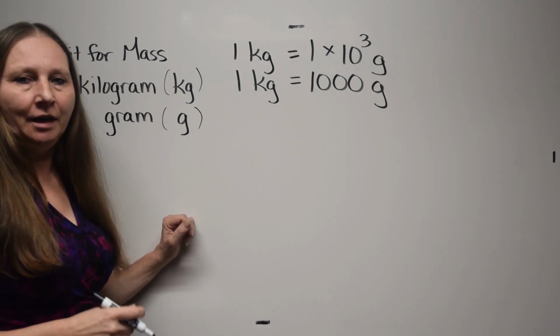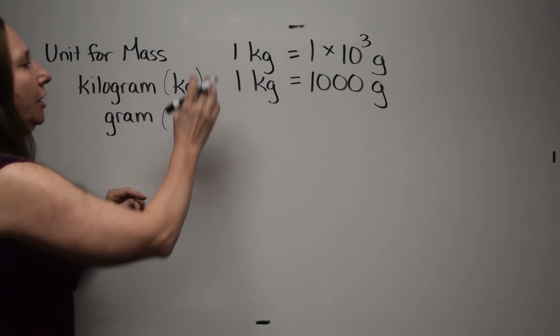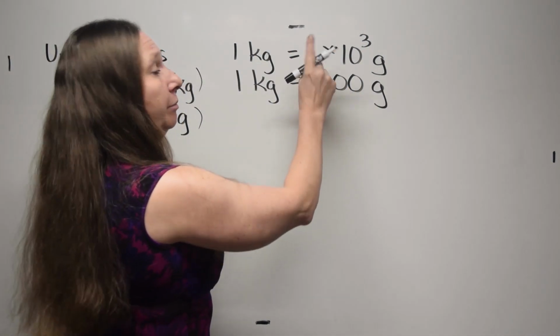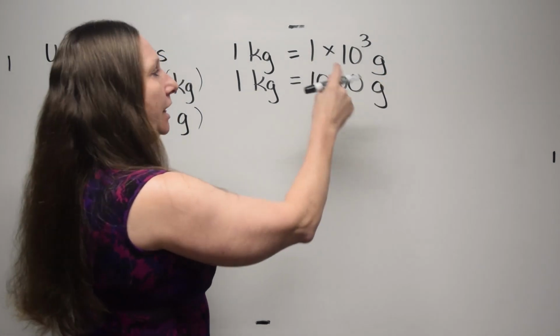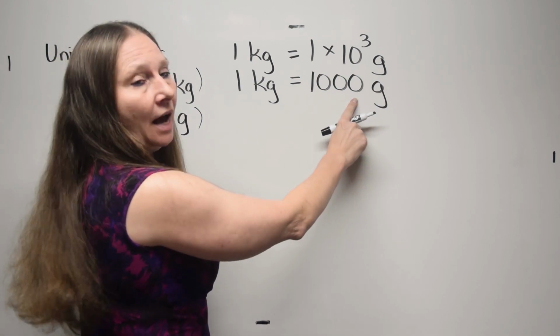One more little trick about the unit for mass, the kilogram. We know that 1 kilogram equals 1,000 grams, and 1,000 can be written in scientific notation 1 times 10 to the 3rd, or in decimal form 1,000.